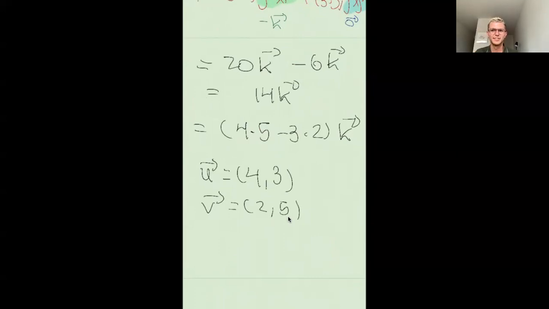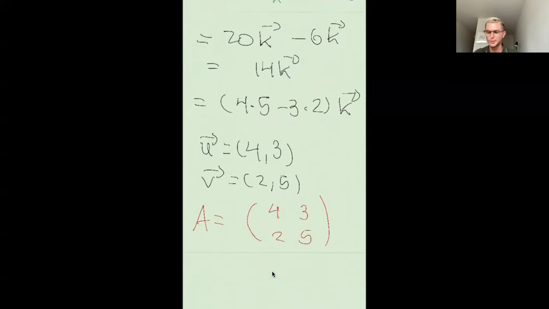So the thing we're going to do next time is put these 4 numbers into a 2 by 2 array. You create a 2 by 2 array called a matrix, which is 4, 3, 2, 5. And then this cute combination, where you multiply along one diagonal and subtract the other diagonal, is called the determinant of the matrix.